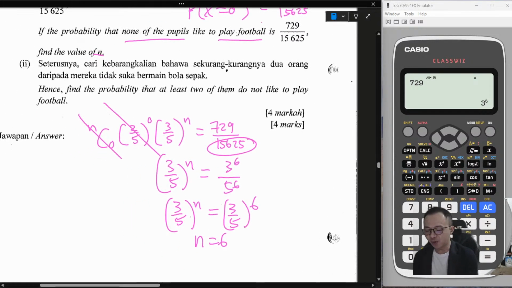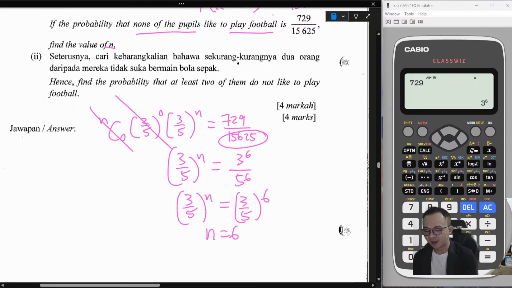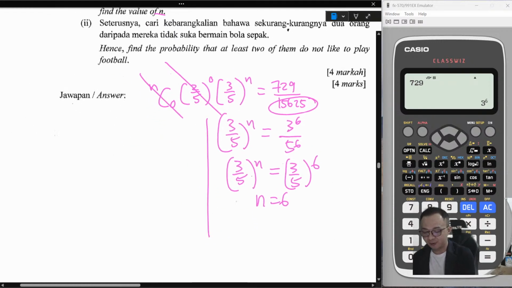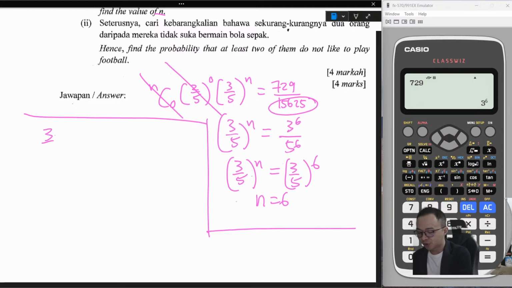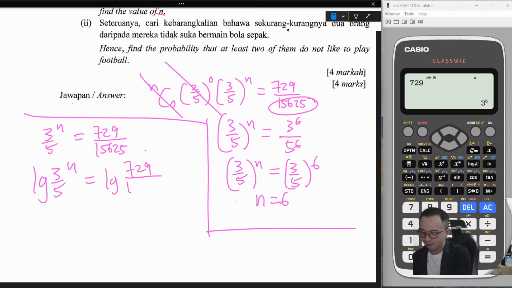But not all the students have this type of calculator, right? Then you need to do it manually. Then we will use a log. 3 over 5 to the power of n equals 729 over 15625. Then we take the log of both sides. So the power, we move to the front.